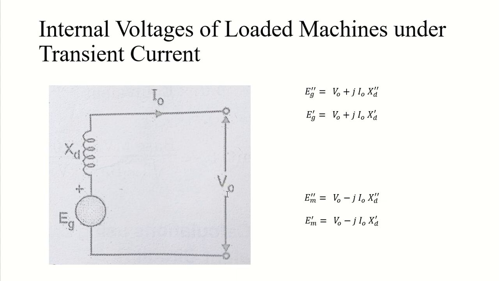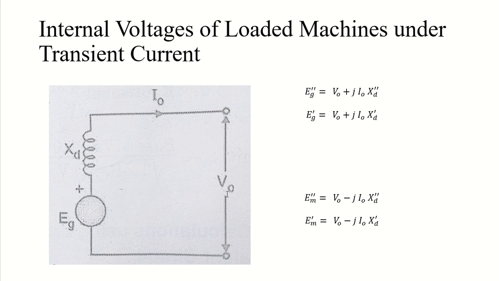Now whenever the short circuit will occur at the terminal of your machine, the short circuit current will start flowing through it, and because it is time dependent, it will change from sub-transient to transient, as we saw previously, right?